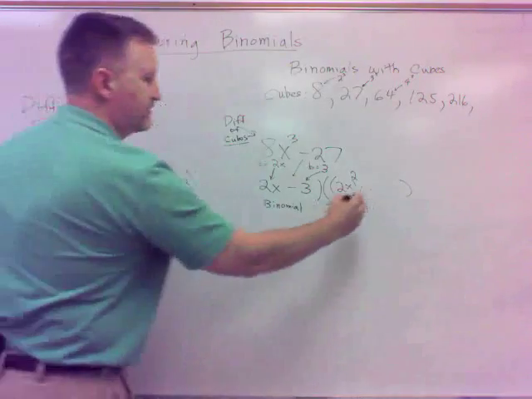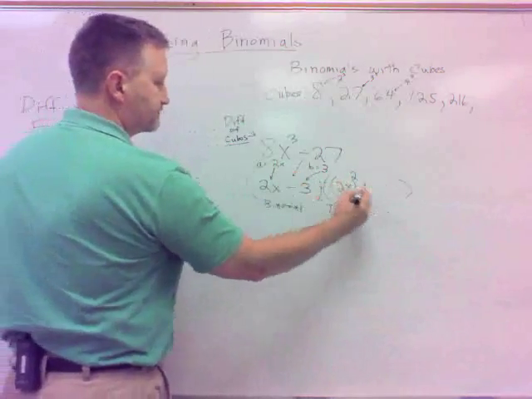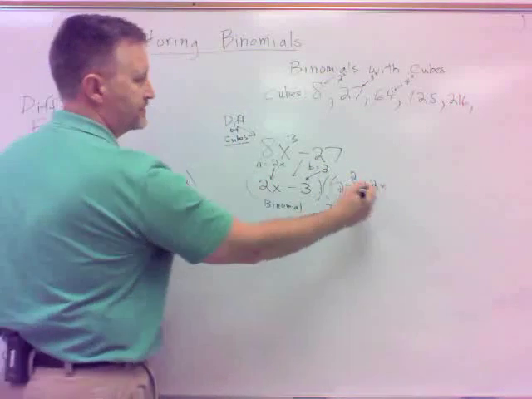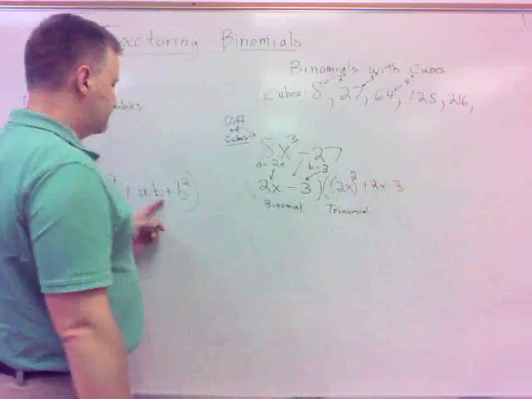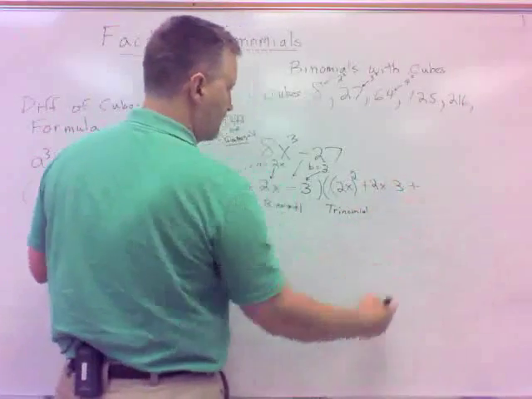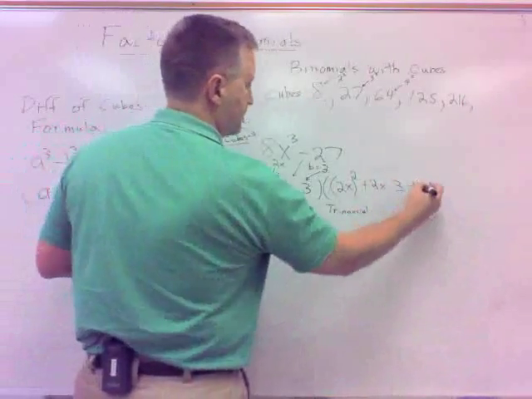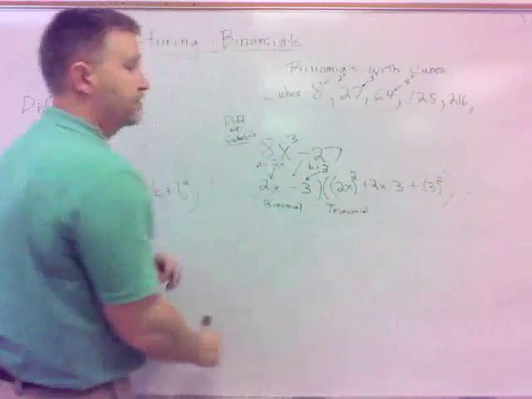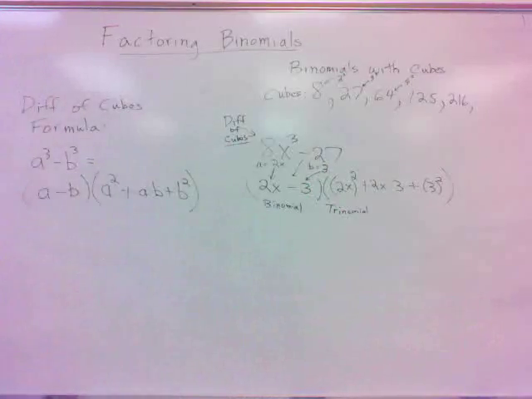Plus a times b, so it's going to be plus, the a is 2x, times the b, which is 3. And then plus b squared. b is 3, so I'm going to square that. So I'm going to write it like that this first go around anyway. I'm going to simplify it, but okay, let's see what that gives us.